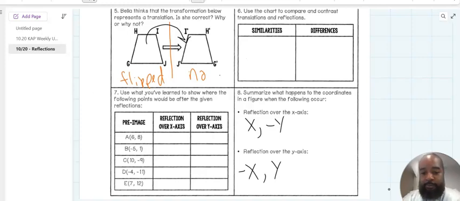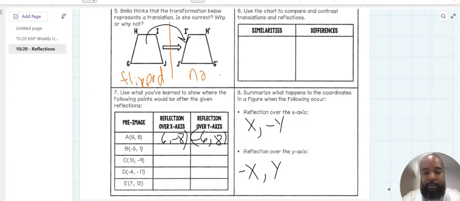So let's look at letter A, 6 comma 8. So to reflect over x-axis, x stays the same, and y becomes opposite. So that means negative 8. Okay? If I reflected over y, the original, that would say x becomes opposite, which was negative 6, and y stays the same. So 8. Okay?